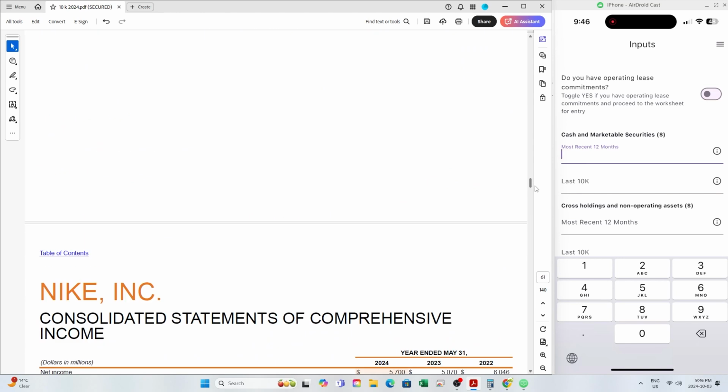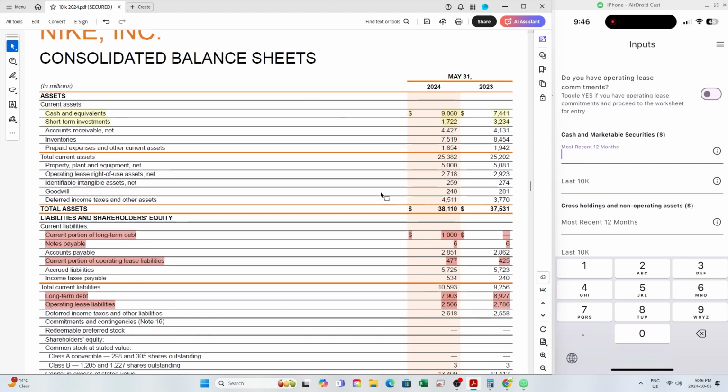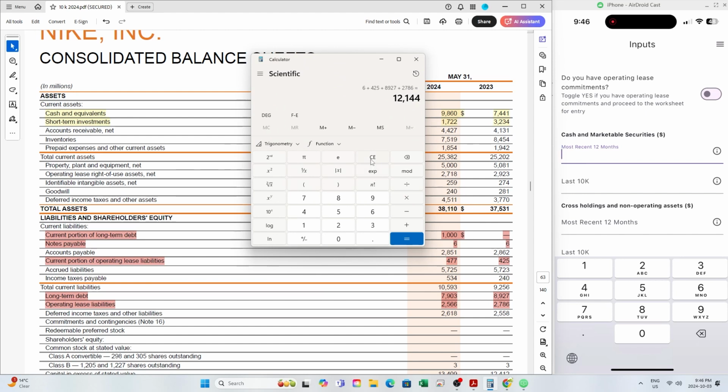The next thing is cash and marketable securities, which we can also find in our balance sheet. We have to add up cash and equivalents and short-term investments for 2024, which is 9,860 plus 7,022, 11,582 for this year, and for last year 7,441 plus 3,234 is equal to 10,675.